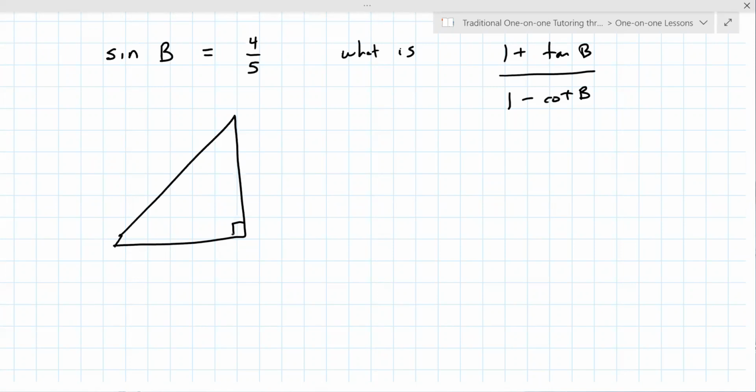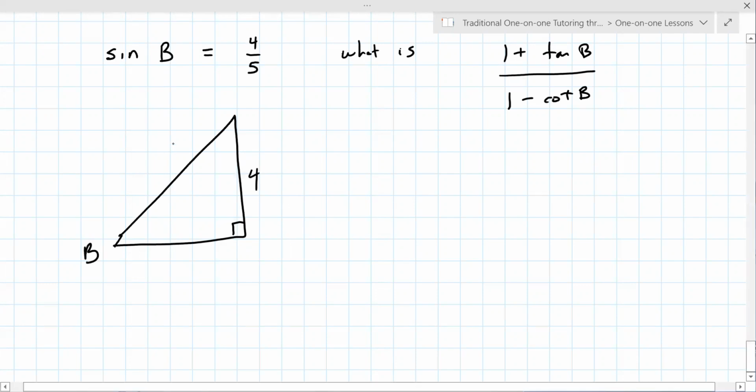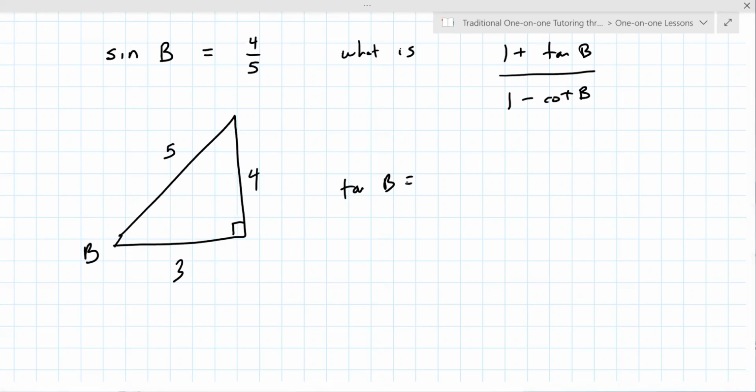Okay, so if you put B down here, sine is opposite over hypotenuse, and then the other leg would be 3. Is that what you have? Yes. Great. So what is tangent of B? Four thirds.